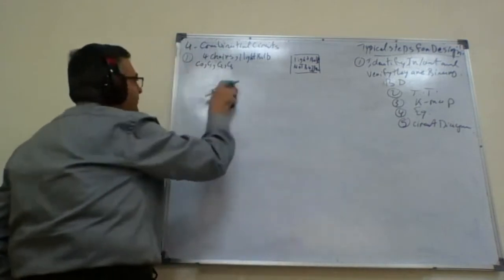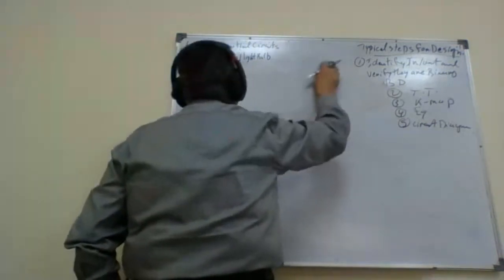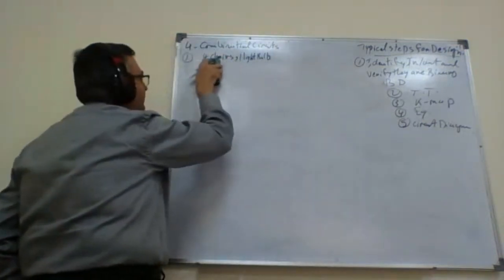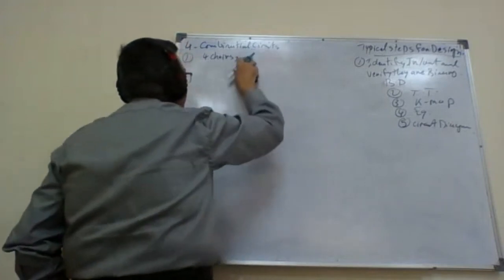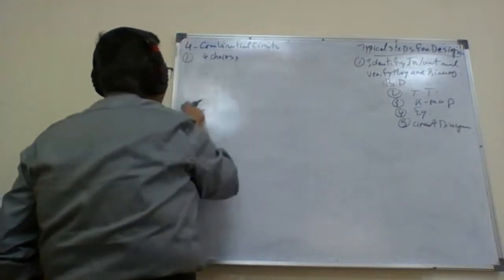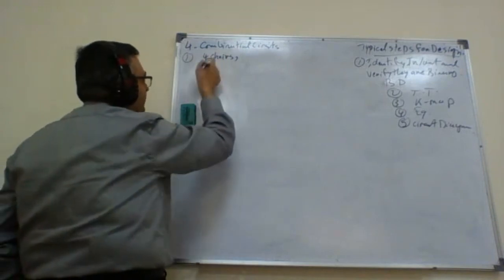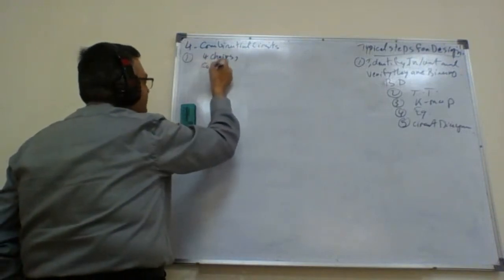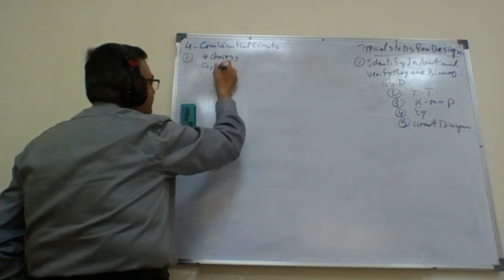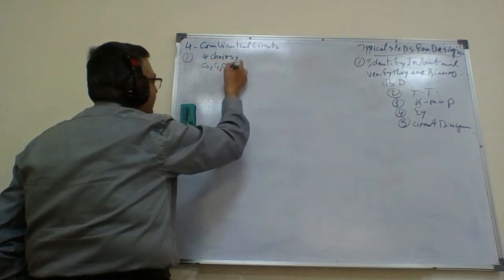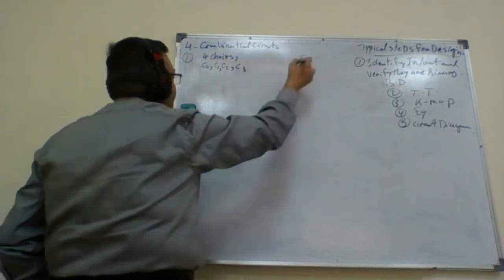Let me, for a better utilization of this, just redraw that. Okay, so now here we have the 4 chairs. I call them C0, C1, C2, and C3.